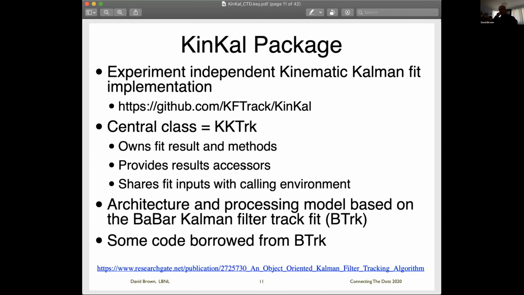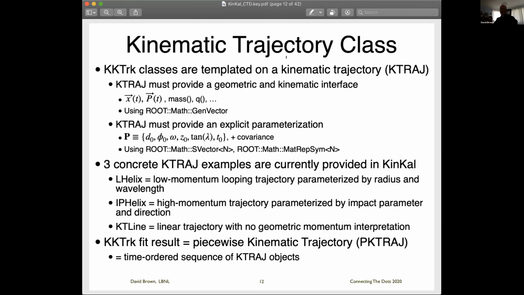The key architectural feature of KinKal is a kinematic trajectory. So this represents the passage of the particle, at least in an ideal uniform magnetic field. Everything in the KinKal package is templated on an instance of the kinematic trajectory class.